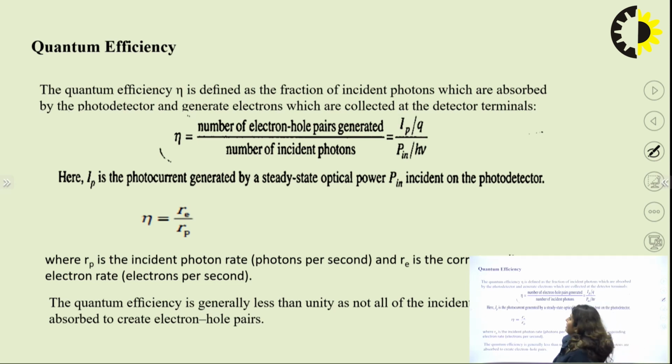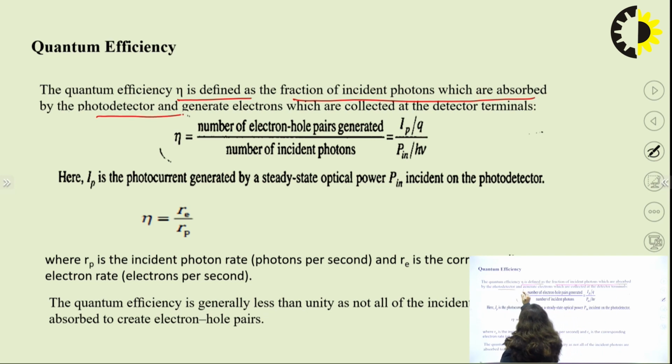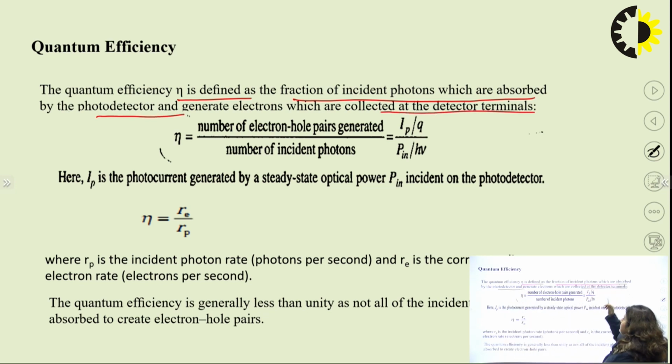It is normally defined with the term eta, and quantum efficiency is the fraction of the incident photons which are absorbed by the photodetector and generate electrons which are collected at the detector terminal. Here eta is given by the number of electron hole pairs generated divided by the number of incident photons. The electron hole pairs generated is the photocurrent divided by Q, the charge, and the number of incident photons is given by the power P in divided by h nu.